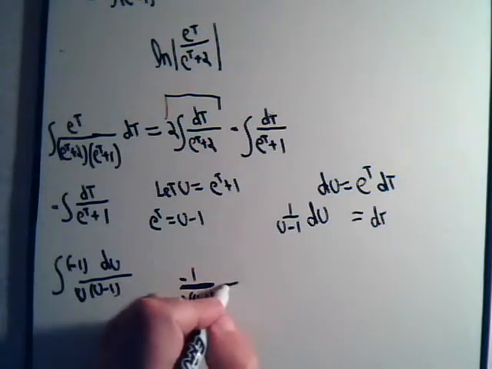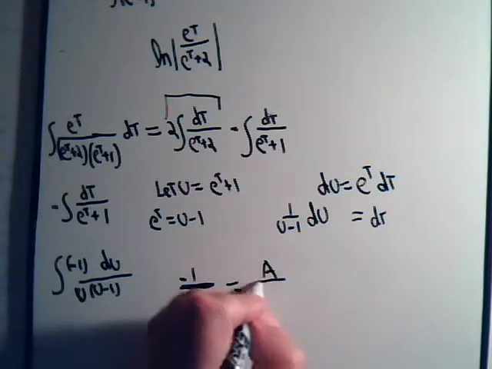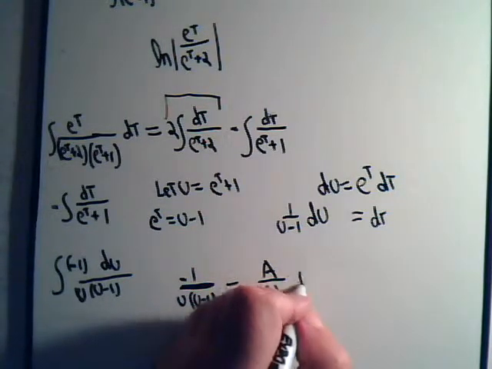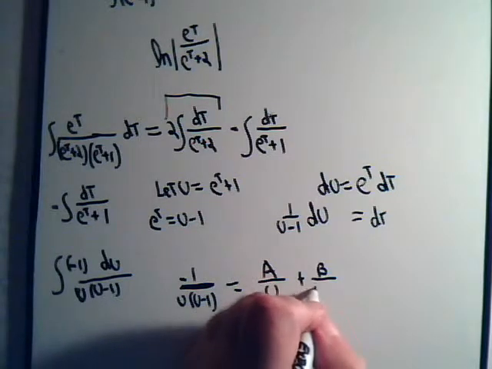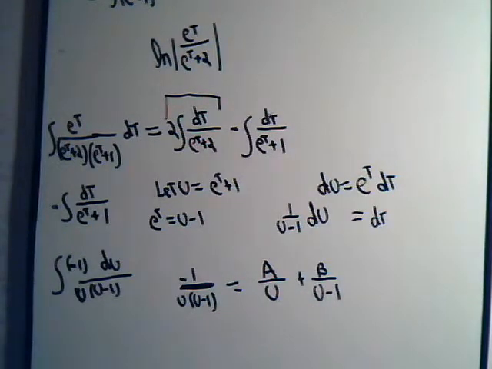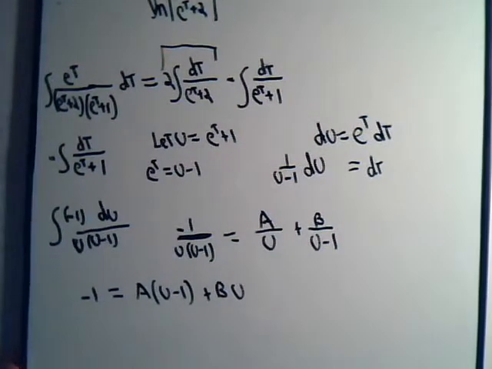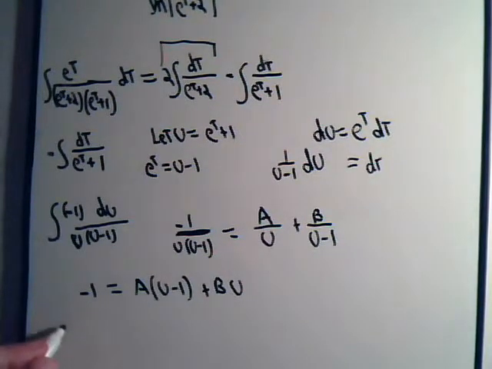Both are linear factors, so that will equal a over u plus b over u minus 1. Multiply through, and minus 1 will equal a times u minus 1 plus b times u. So let's see, collect terms here. Minus 1 will equal a plus b times u.